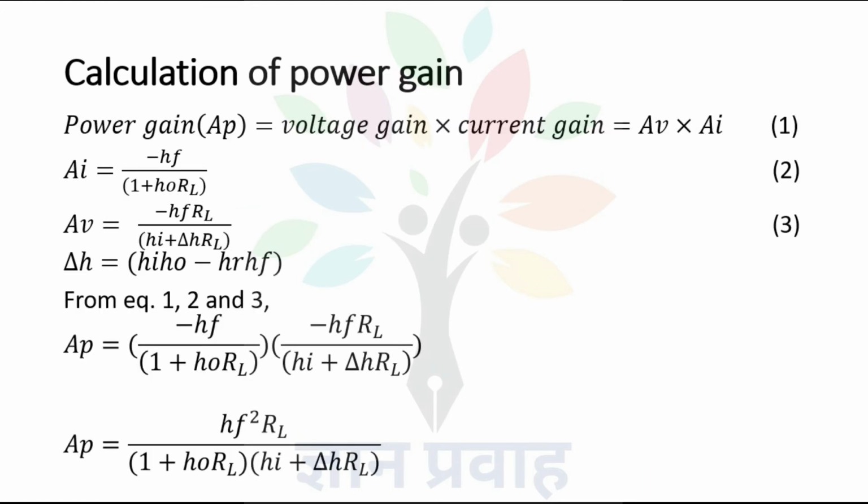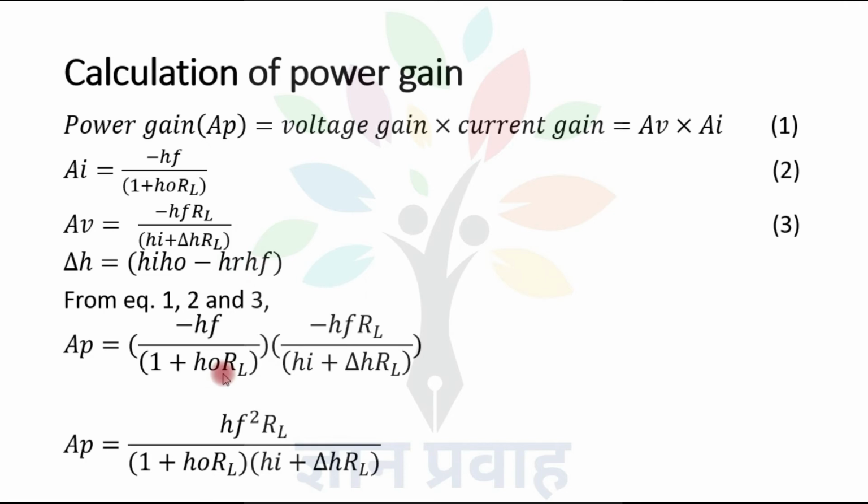The next parameter is power gain. Power gain is the product of voltage gain and current gain, and it is represented by AP. AP equals AV into AI. AI we have calculated as minus HF upon 1 plus HO RL. AV we have also calculated as minus HF RL upon HI plus del H RL, where del H is HI HO minus HR HF.